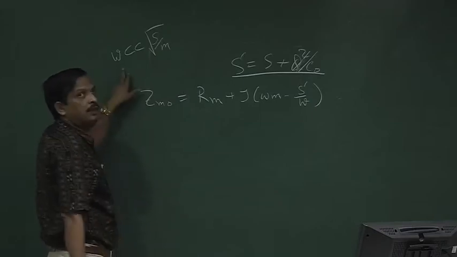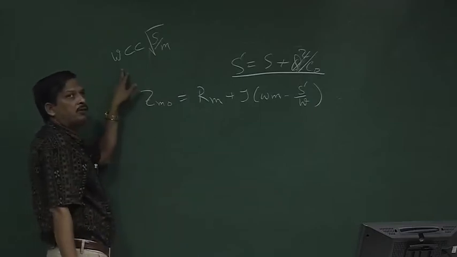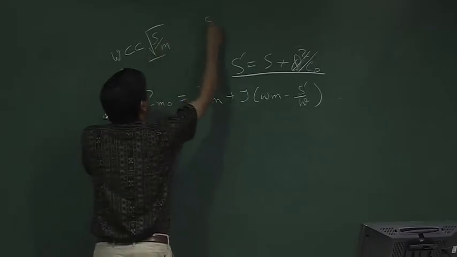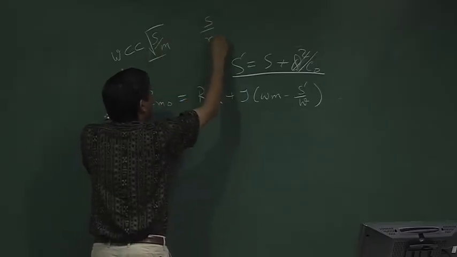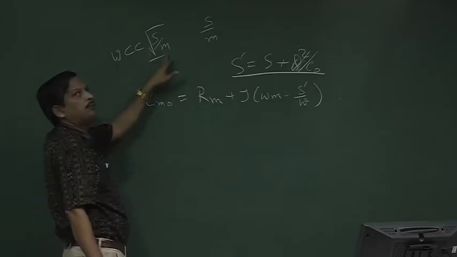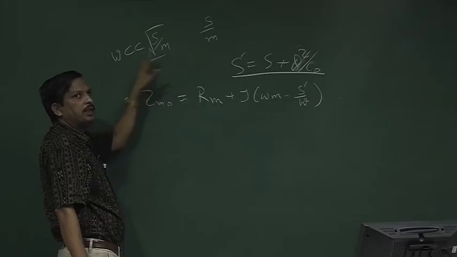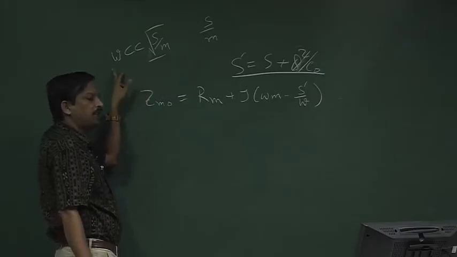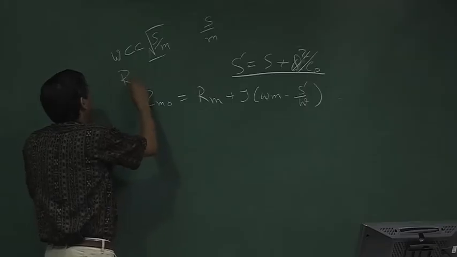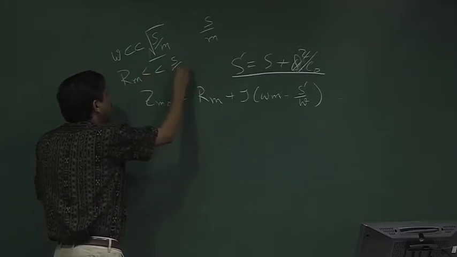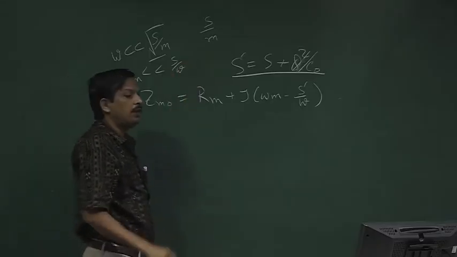So, I said that if I operate the electrostatic transducer below this, S by m is nothing but S, the stiffness of the diaphragm, and m, the mass of the diaphragm. If omega is much below root over of S by m, that means the operating frequency is much below the resonant frequency, and the mechanical resistance Rm is much less than S by omega.